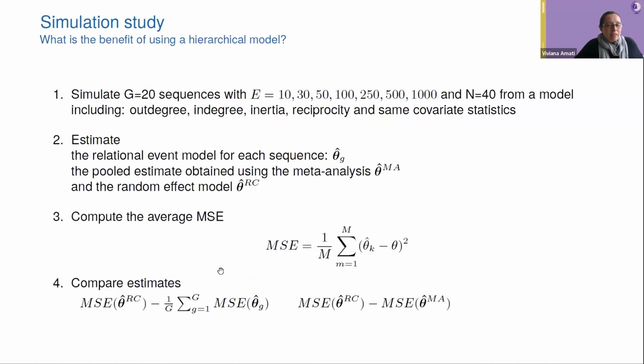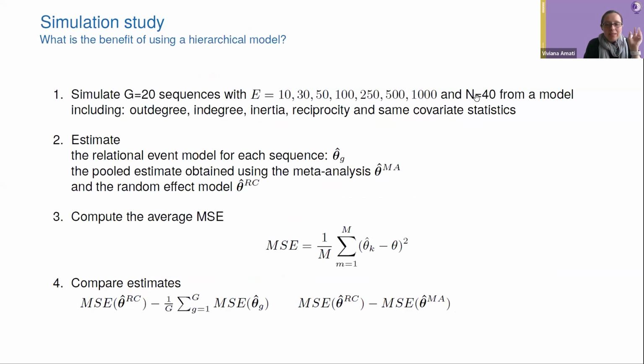To conclude and to highlight the benefit of using hierarchical models compared to what has been done with the meta-analysis and the statistical approach, I will quickly present a simulation study in which we consider 20 groups and generate a sequence of events of different length ranging from 10 to 1000.